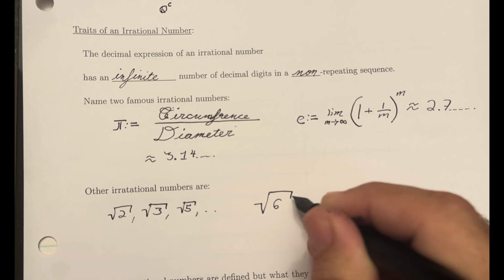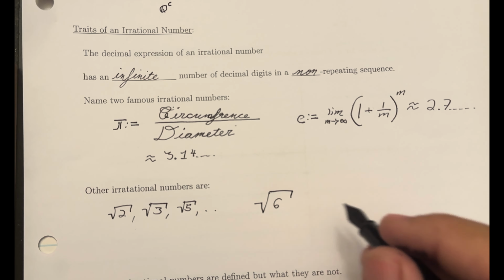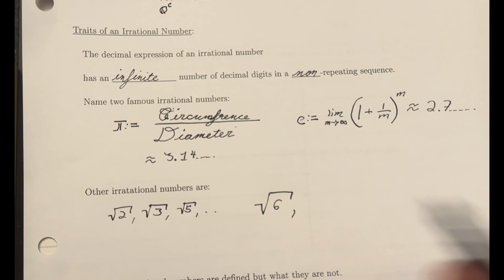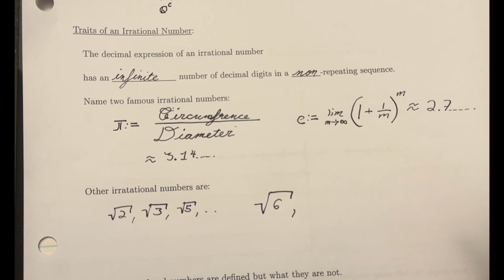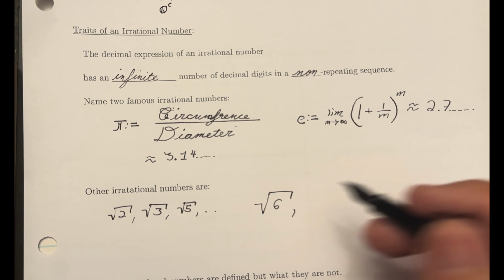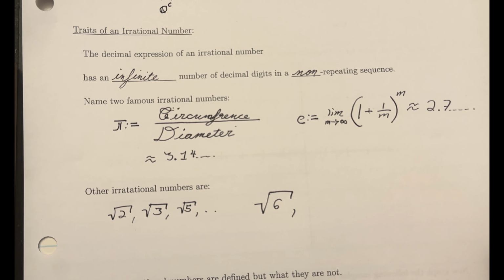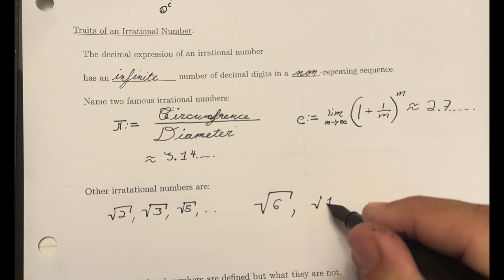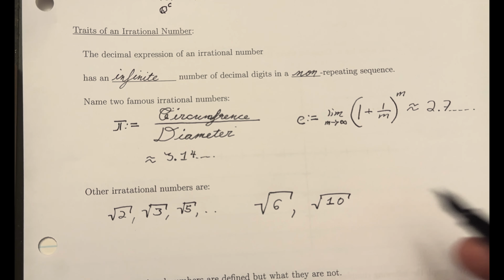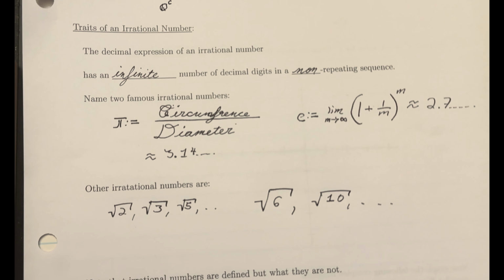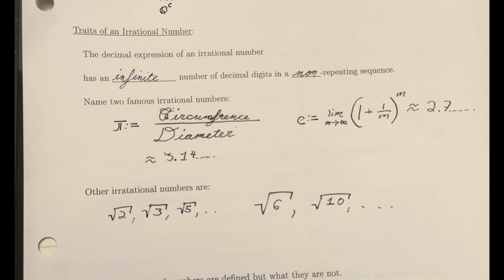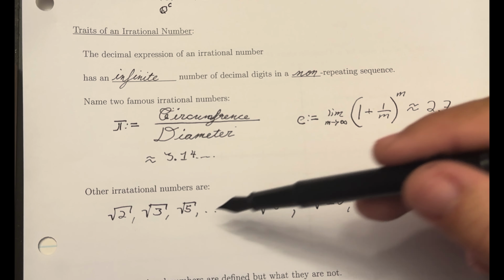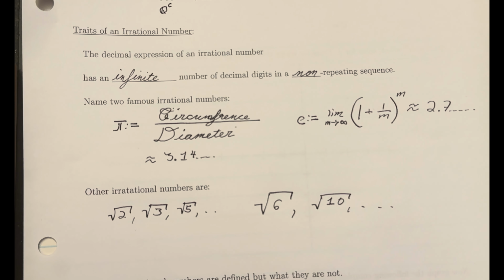Or I should say a lot of composites involving primes. There are some exceptions to that, of course. 6 times 6 would be 2 prime numbers, but the square root of 6 times 6, of course, would just be 6. Square root of 10, etc. But the square root of any prime number will be irrational.